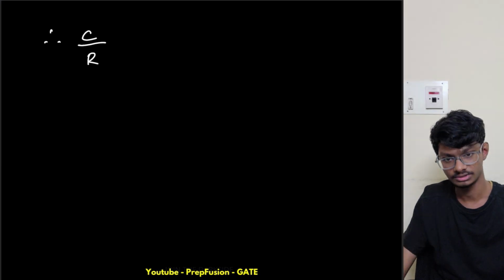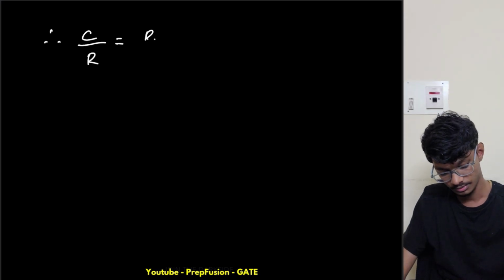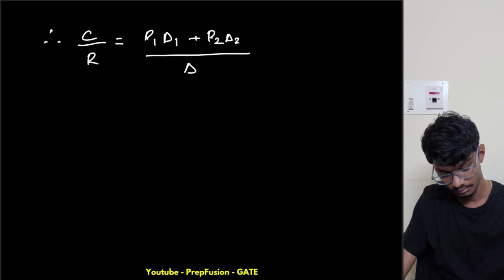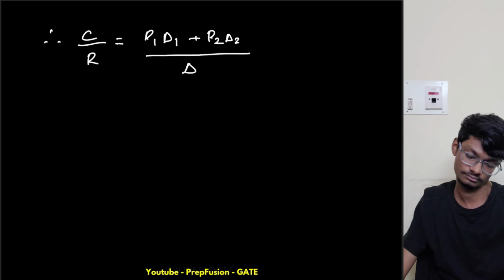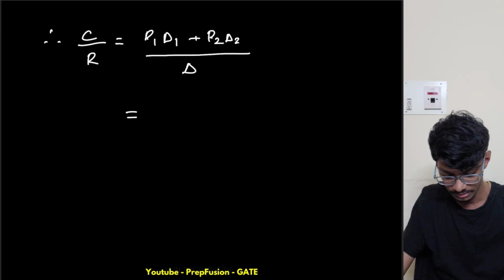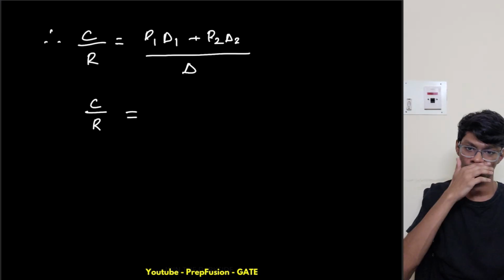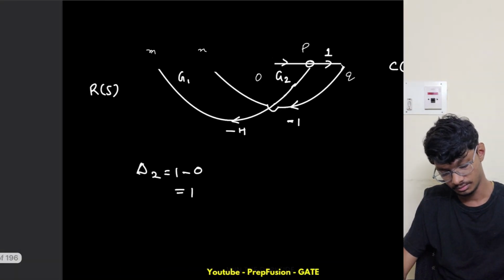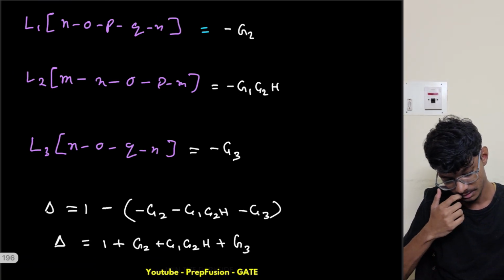So what was the formula? It was simply P1 delta 1 plus P2 delta 2, divided by delta. Okay, so what is C by R? C by R is simply P1 delta 1 plus P2 delta 2 over delta. What is P?